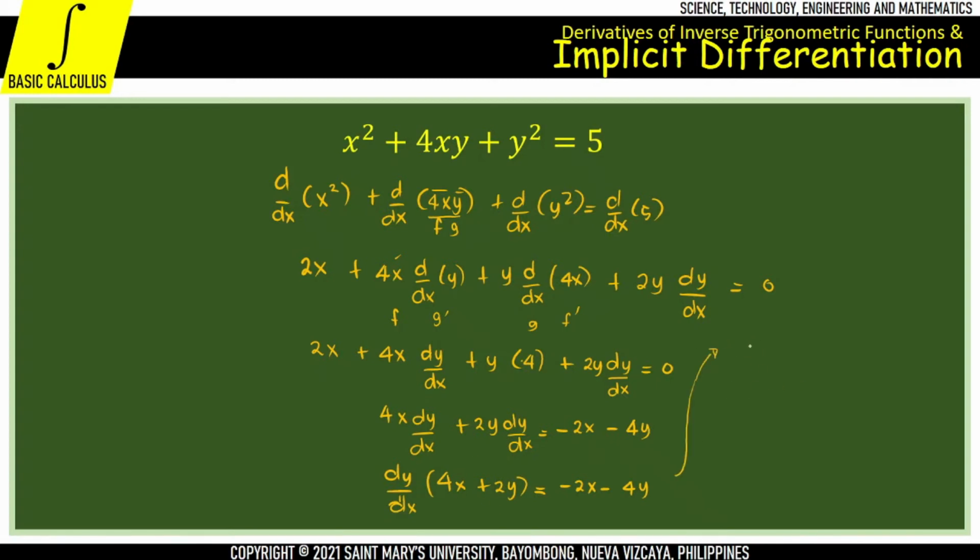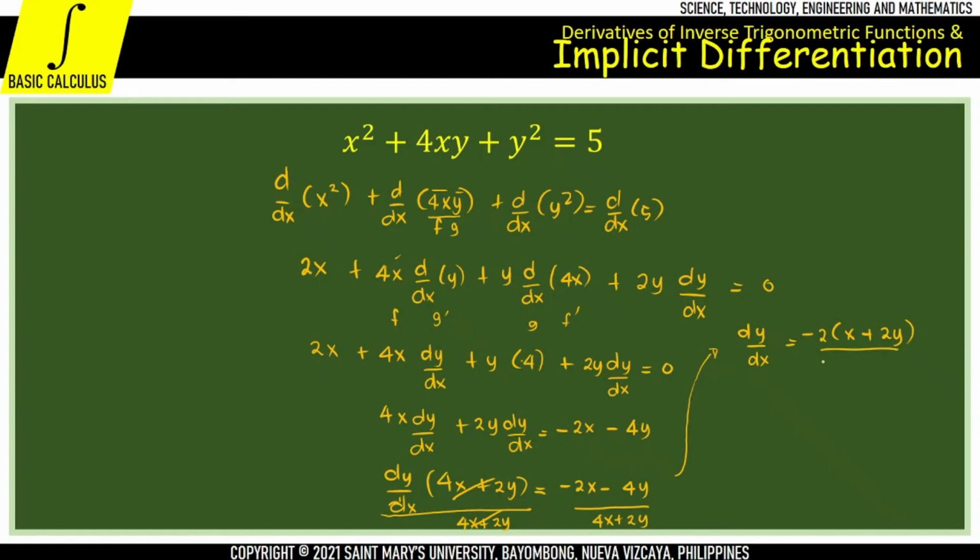Of course, tanggalin natin yung coefficient ng dy/dx. So divide both sides by 4x plus 2y, and then cancel. We are left with the left side as dy/dx is equal to, for our numerator, we can factor out negative 2 multiplied by x plus 2y. Para natin check kung babalik tayo dyan: negative 2 times x is equal to negative 2x, negative 2 times 2y is equal to negative 4y.